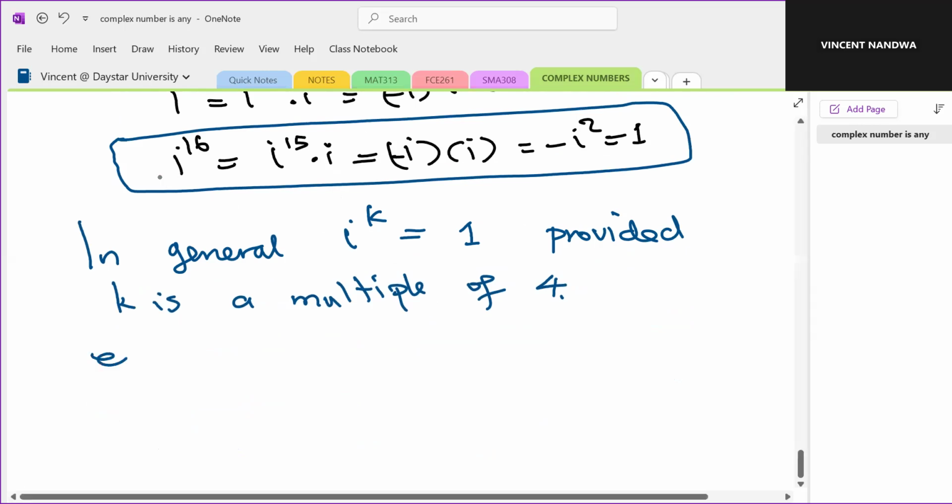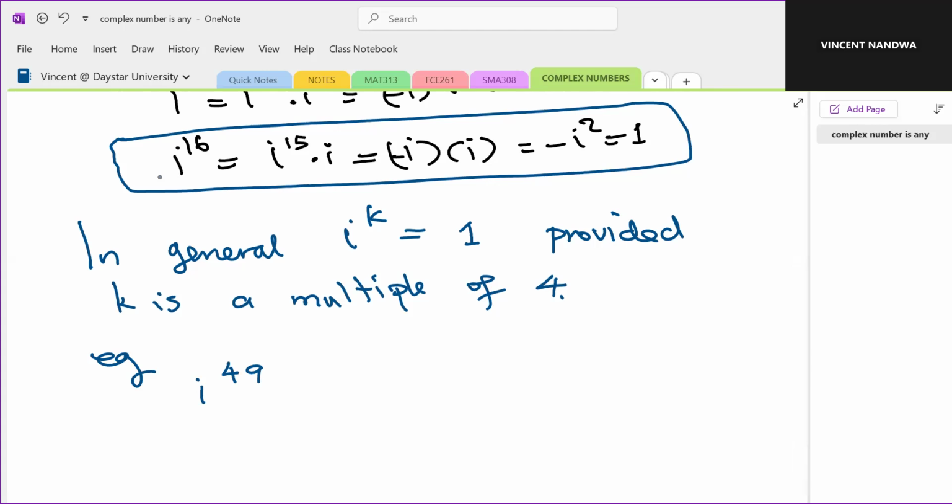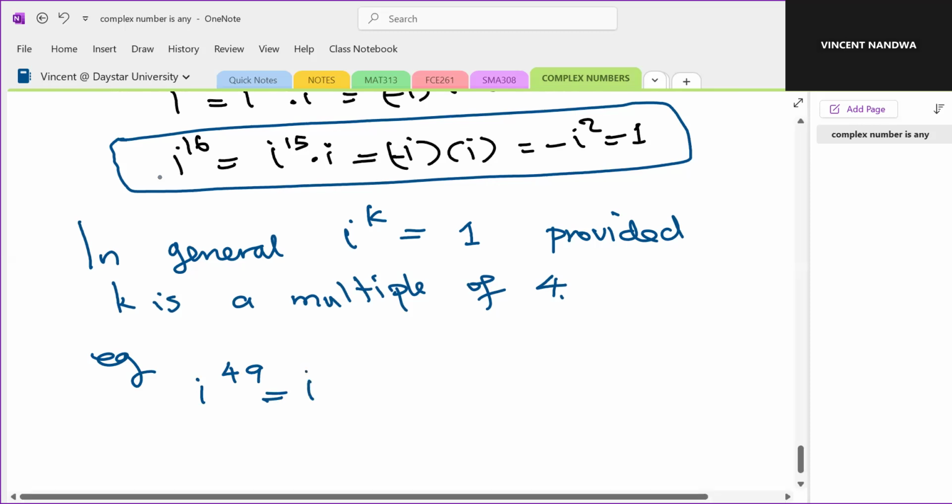For example, i power 49. If someone asks you to evaluate i power 49, you simply express 49 as a product of one number, which is a multiple of 4 close to 49, or slightly less than 49 itself. So it's the same as i power 48 times i.